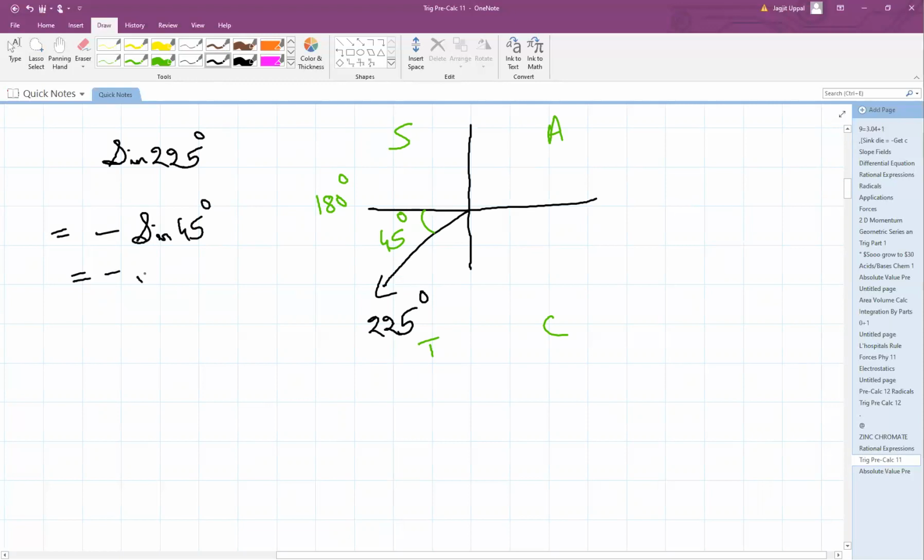And sine 45 you can get using your fingers. It's square root 2 over 2. Negative 1 over square root 2, or you can write it as minus 1 over square root 2. Now, I want you to be careful. Most of your teachers don't want to have a square root at the bottom, so they're going to expect you to rationalize this. So it's best to write it like that. Okay. All right, good.